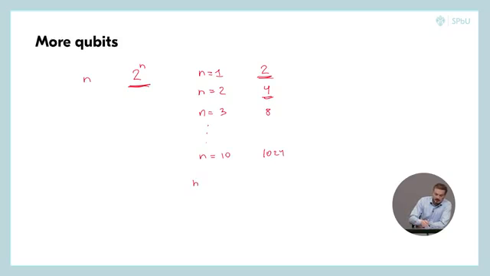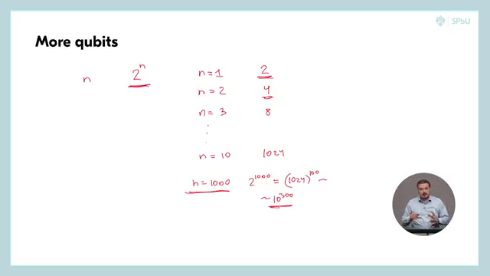And if we have like 1000 particles, we have this enormous number of dimensions. It's like 1024 to the power 100, which is approximately this number. So the state of the system with only 1000 particles is described by this number of complex numbers.